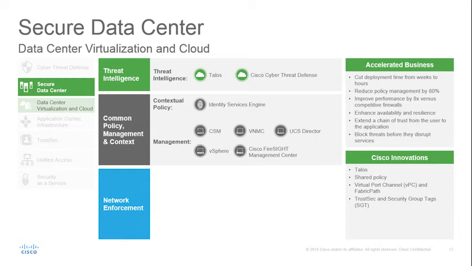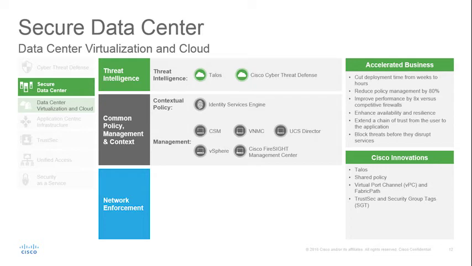CSM can set up, deploy, and manage both physical and virtual ASA devices, including the Cisco ASA 5585, 9300, and ASA-V solutions. The Virtual Network Management Center, or VNMC, enables the rapid deployment of tenants, virtual machines, and security policies through template-driven management and API integration into orchestration tools.